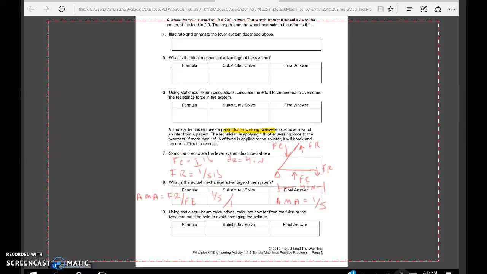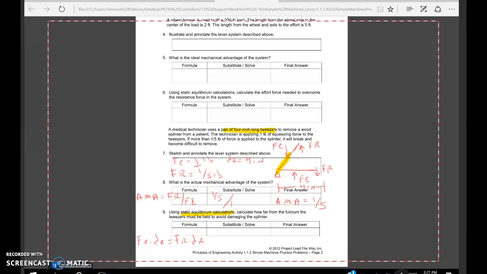Now the next problem says, using the static equilibrium equation, which is FE times DE is equal to FR times DR, calculate how far from the fulcrum the tweezers must be held in order to avoid damaging the splinter. So how far they must be held, that would be this distance here.